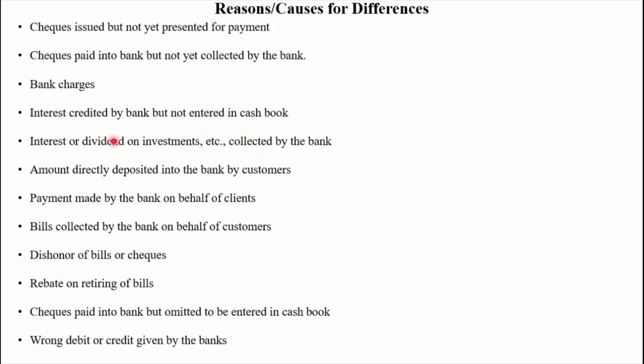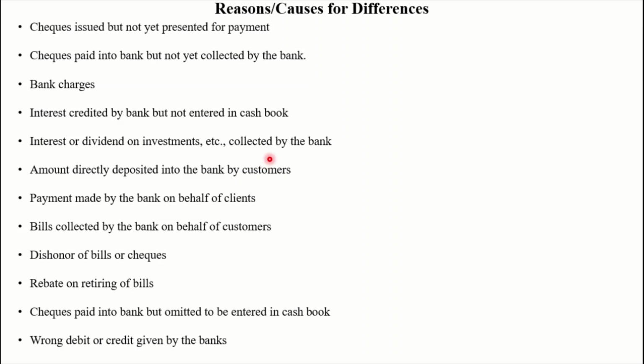Another reason is interest or dividend on investment collected by the bank. See, a businessman may entrust the task of collection of interest or dividend on investment, rent on property, etc. to the bankers. After the collection of this income, the bank will give credit to the account of the businessman and will increase his balance.